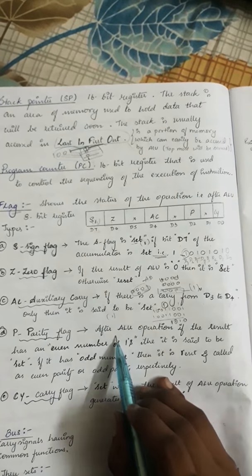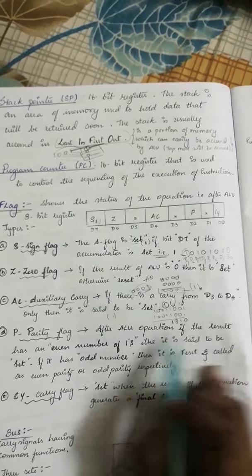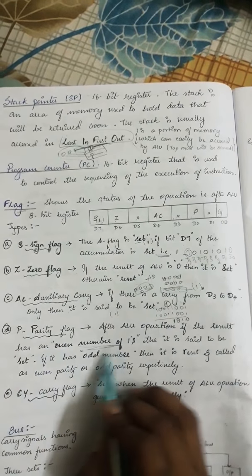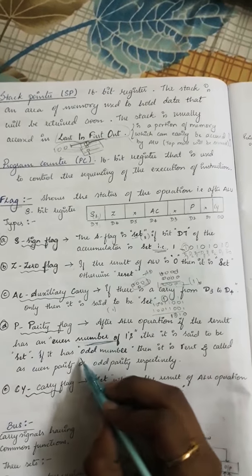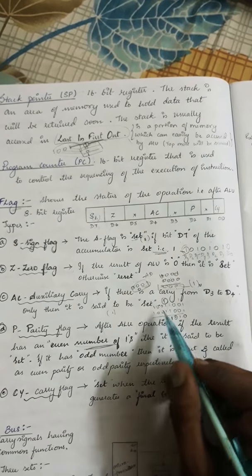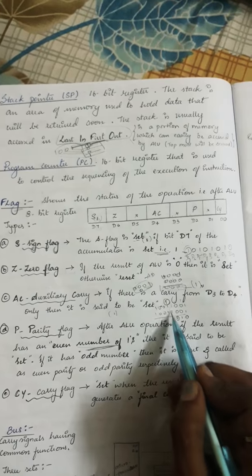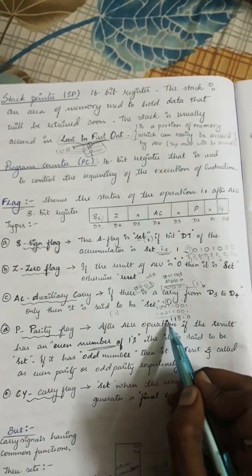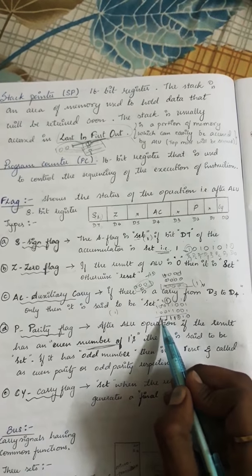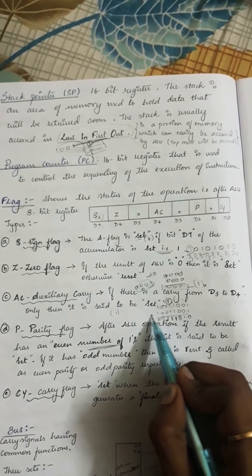Parity flag: after the ALU operation, if the result has an even number of ones, it is set to be 1. If it has an odd number of ones, see here, now 1, 1, 1, 0 and 1.